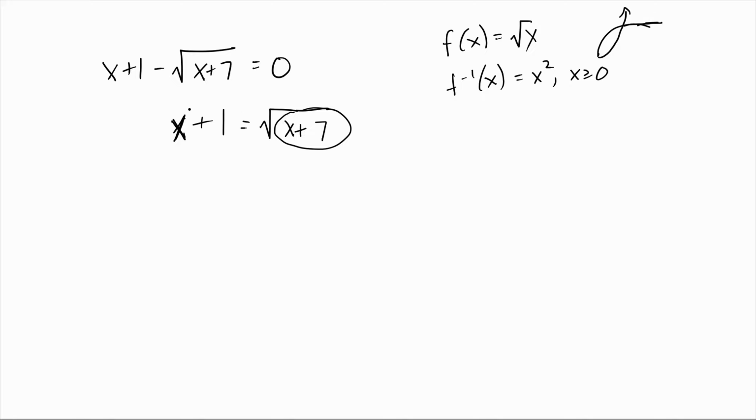In particular, if we square both sides, what are we plugging into the square? We're plugging x plus 1 into the square, and the output of the square root of x plus 7 into the square. The output of just a positive square root is always positive, no problem there. But the output of this, we have to be careful. We want the output of this to be positive if we're going to be undoing things exactly and not adding in any extra solutions.